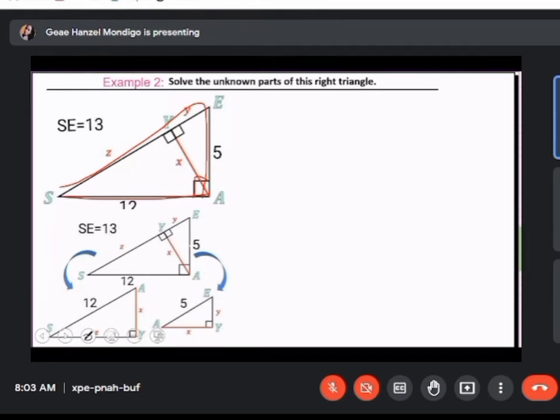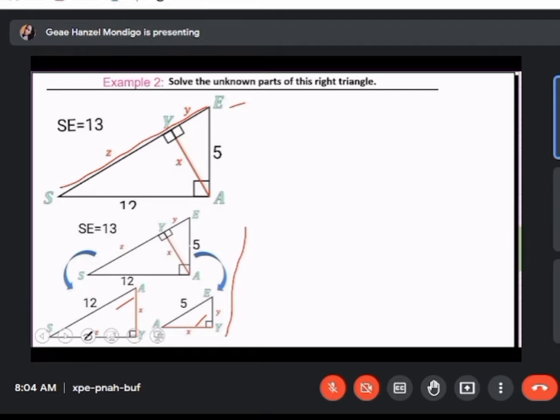Our given here is RSE. The measurement of RSE is 13. First, we are going to separate this original triangle. So we create new triangles, which are the smallest and the largest triangle.